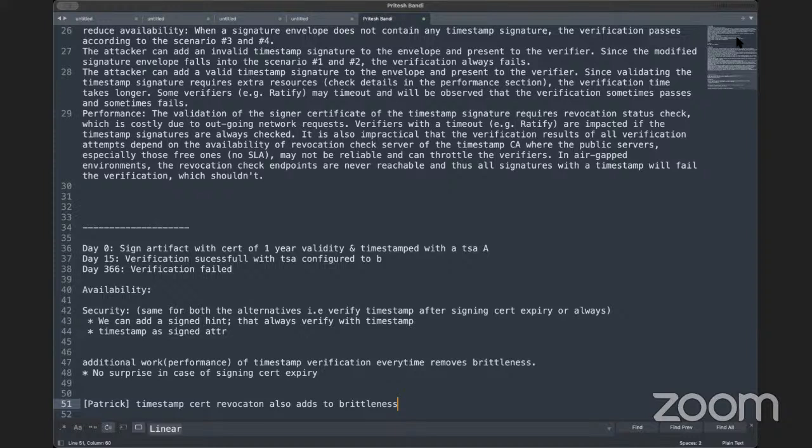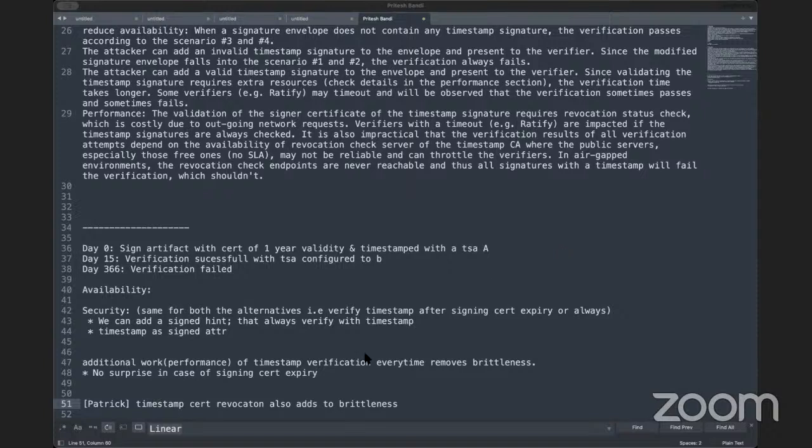Okay, if we don't have any more feedback, what I will do is... Yes, I sort of agree with Shiwei's comment here. I think the timestamping counter signature should not be a critical failure for our verification path. It's an unsigned attribute. It will become a critical path, right?